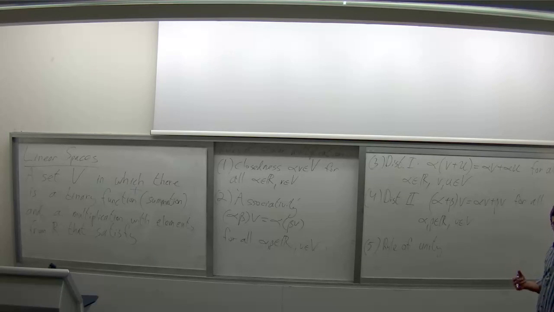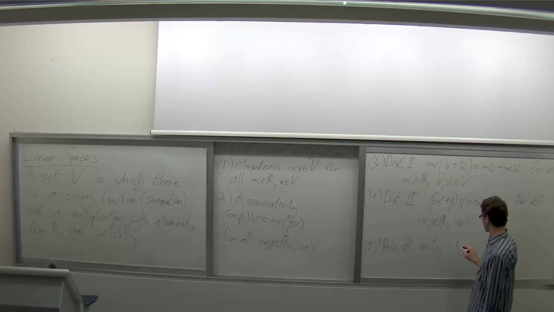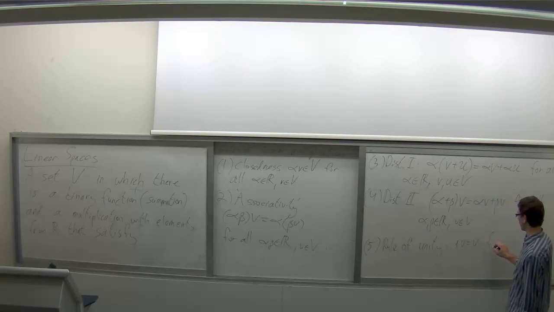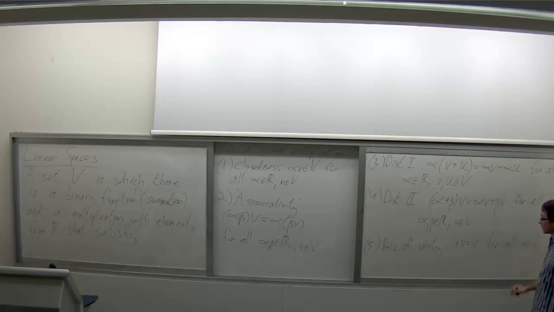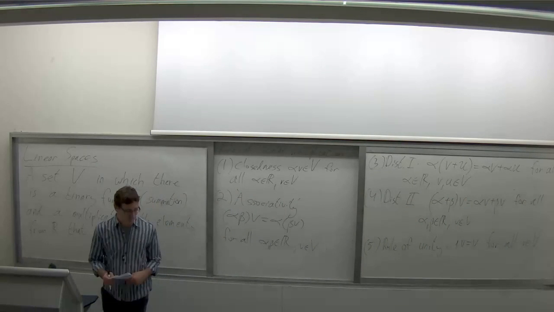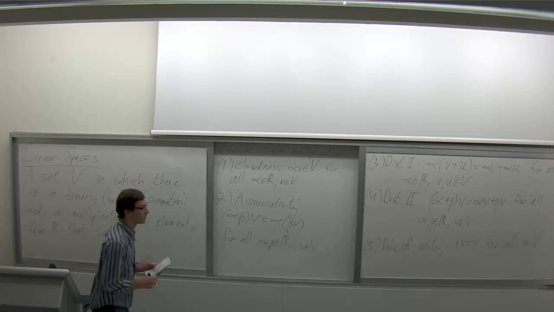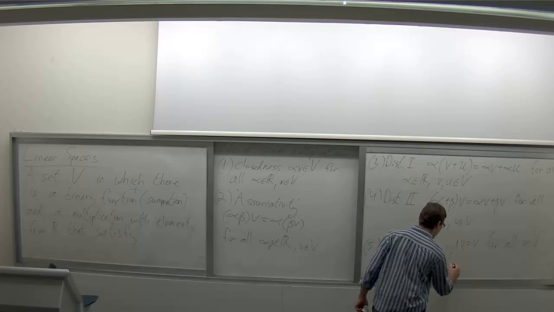It has to be neutral also in scalar multiplication. 1 times V is V for all V in V. So these are the rules that have to be obeyed. Because it's 1, what? It's in R. 1 is in R.